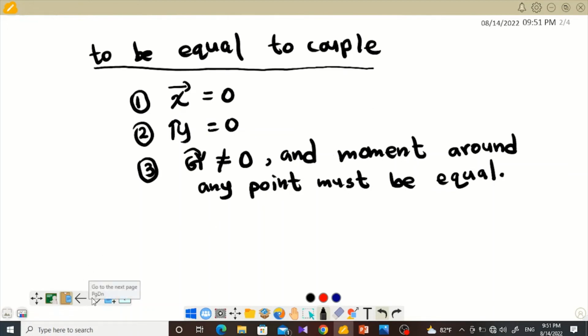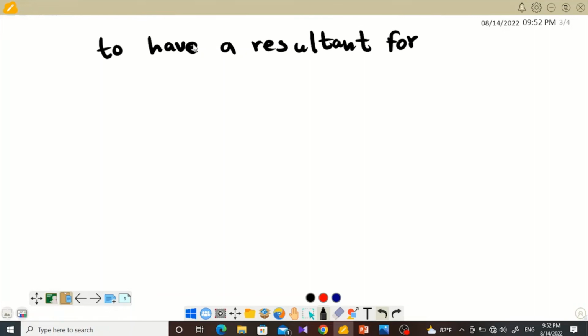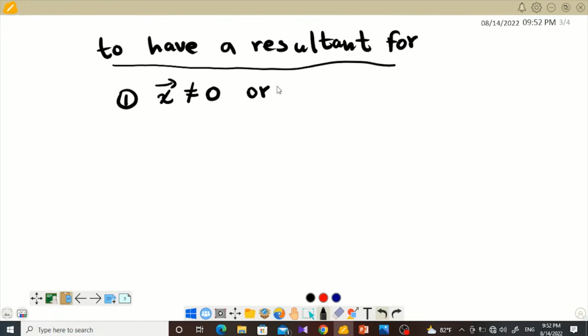And the last state is where the system has a resultant force. For this state, the horizontal forces or x components must not equal 0, or the y components or vertical forces must not equal 0.